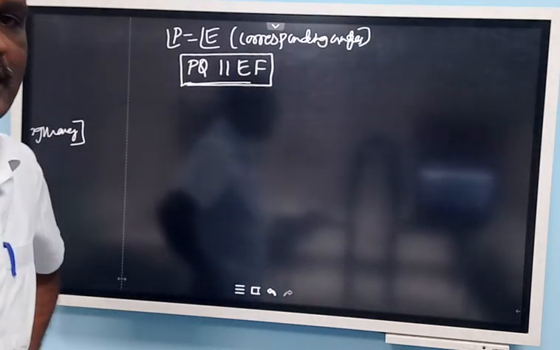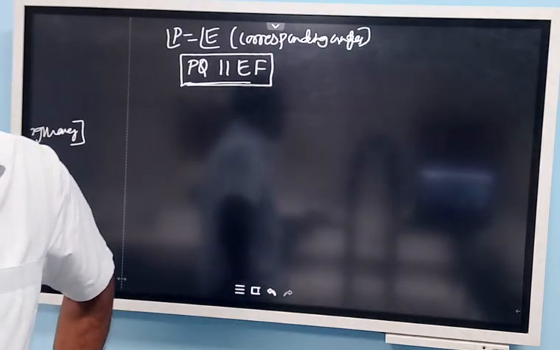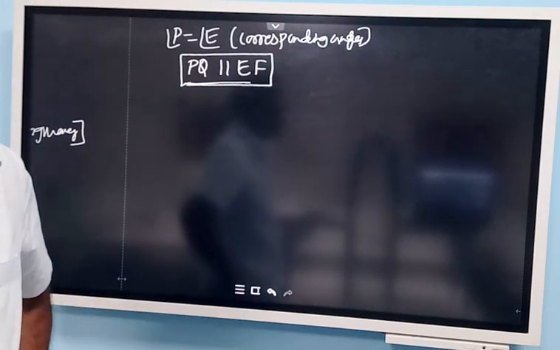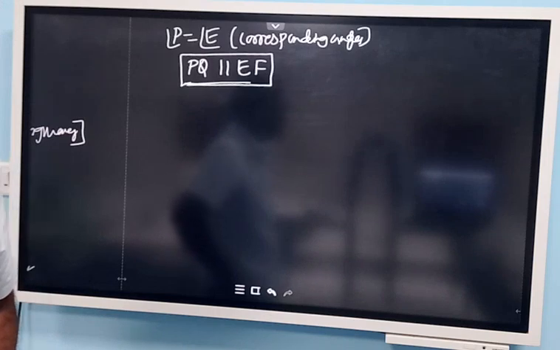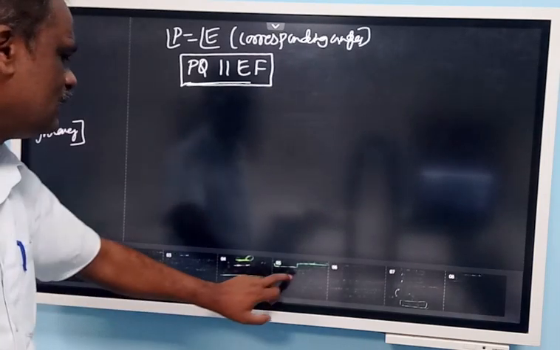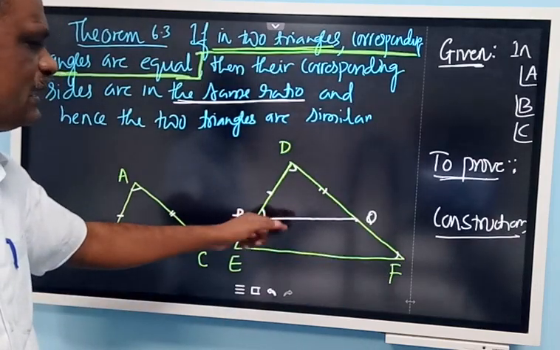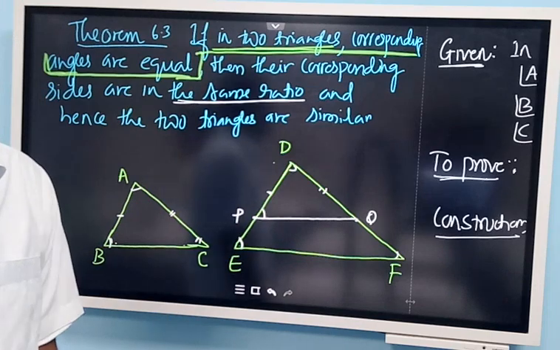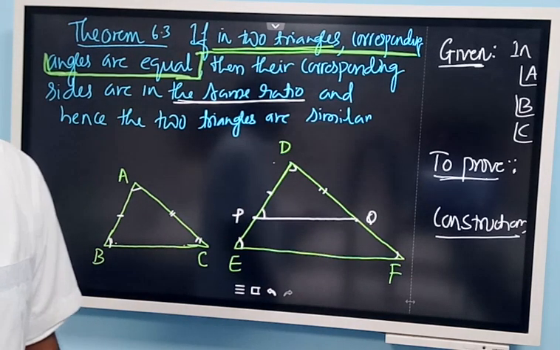So in a triangle, if a line is drawn parallel to one side of a triangle, then it must divide the other two sides in the same ratio. We have PQ parallel to EF, which means by Thales theorem, these two sides will be divided in the same ratio. What you can write?